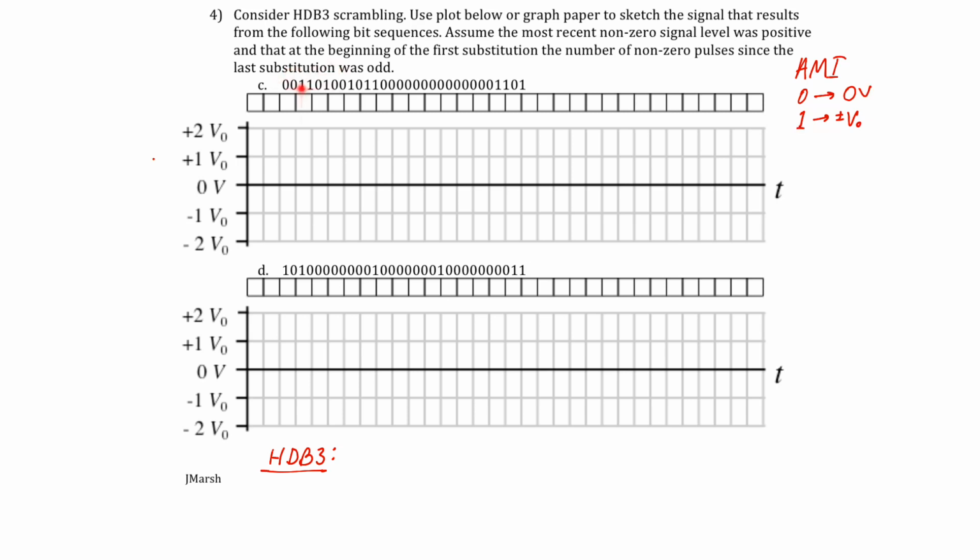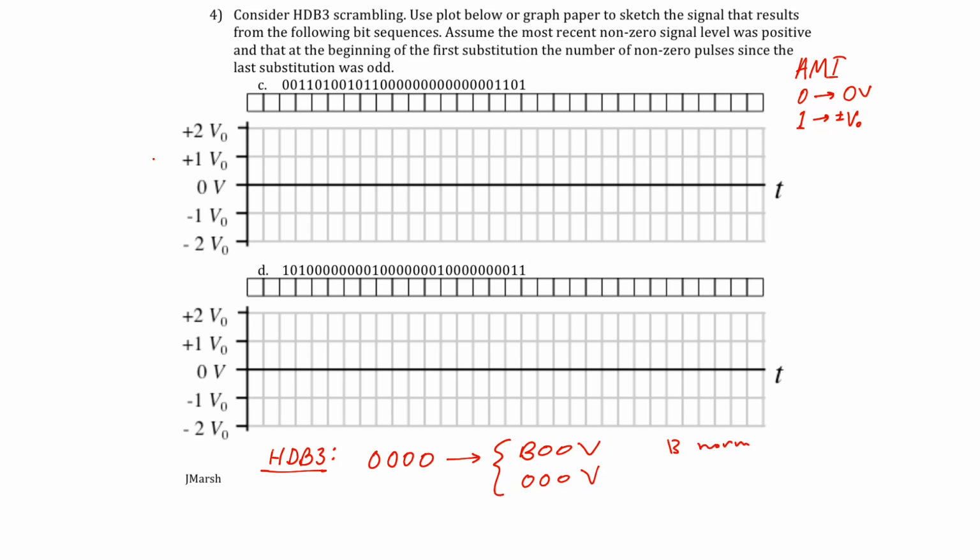HDB3 takes 4 zeros and substitutes them with either a B00V substitution code or a 000V, where B stands for a normal bipolar transition.